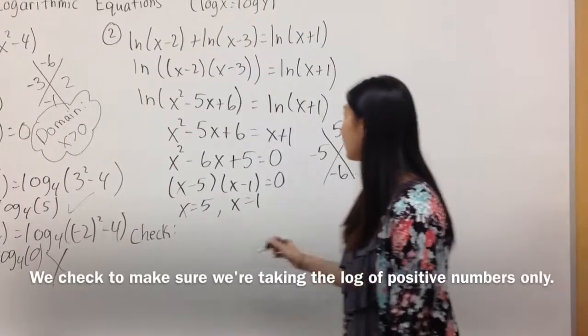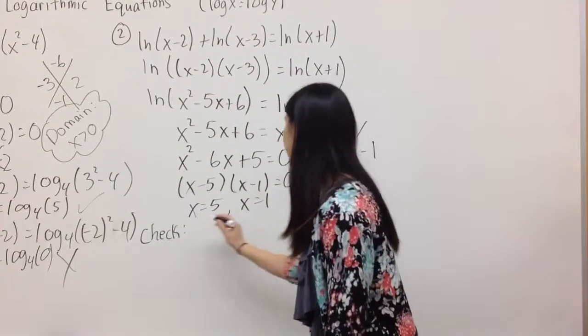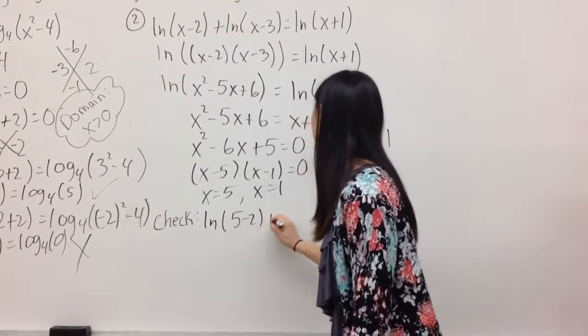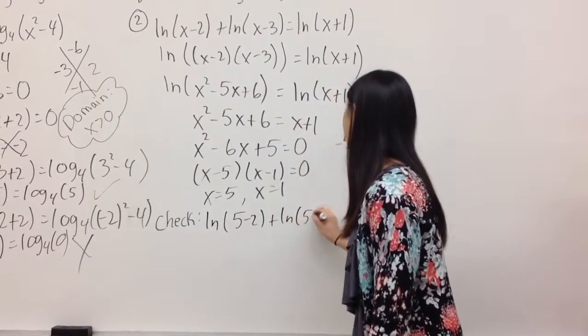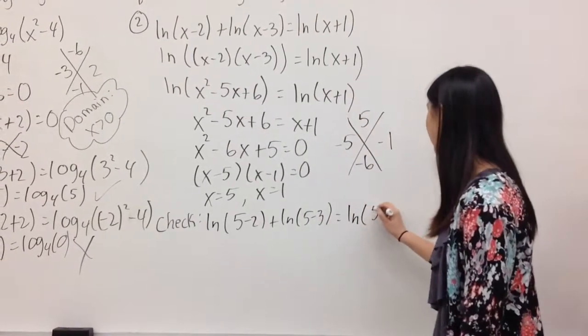Alright, so again, I'm plugging into the very first one, the original one. So we have ln of 5 minus 2 plus ln of 5 minus 3 is equal to ln of 5 plus 1.